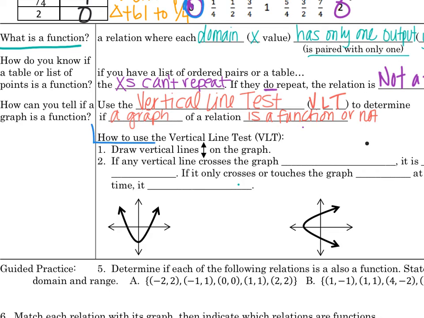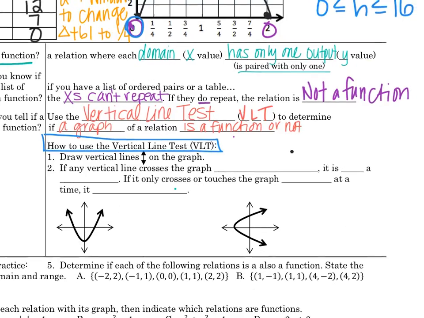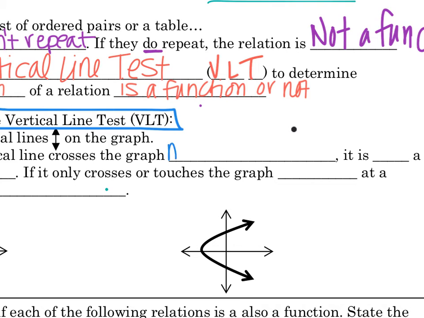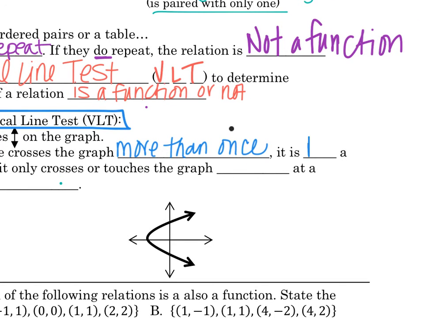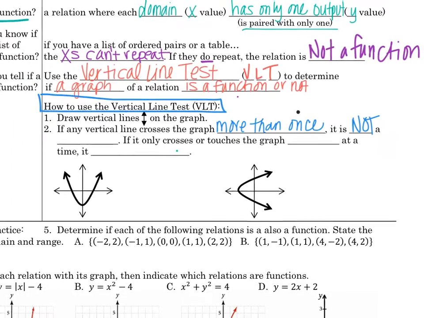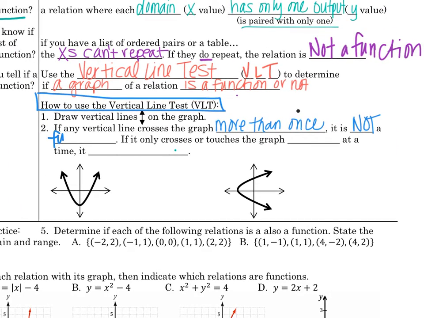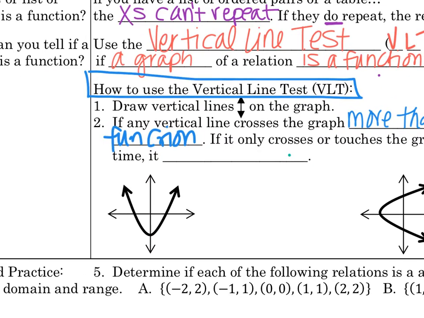So how do we use a vertical line test? We literally draw a vertical line through the graph. If any vertical line crosses the graph more than once, it is not a function. If it only crosses or touches the graph one time, it is a function.